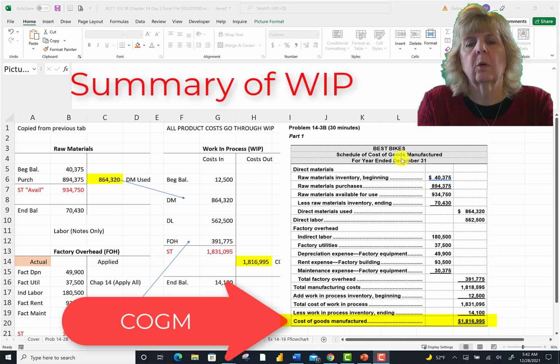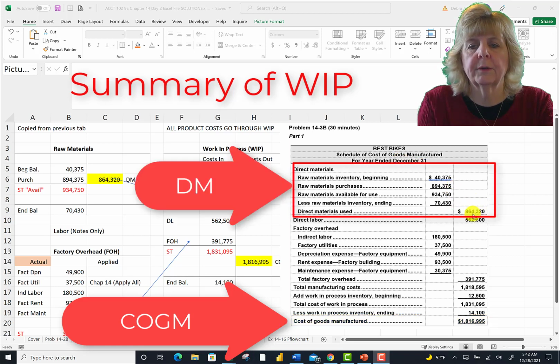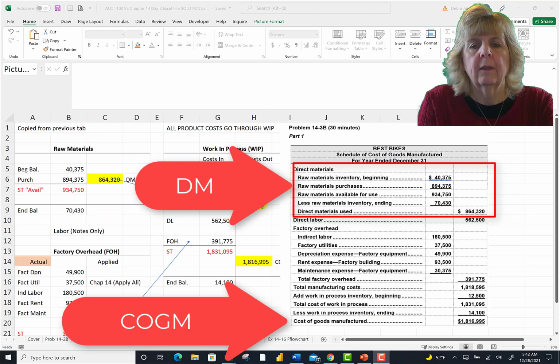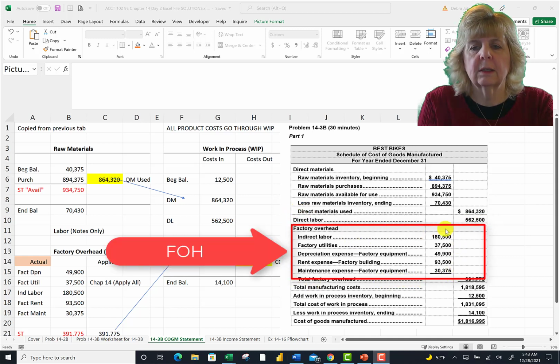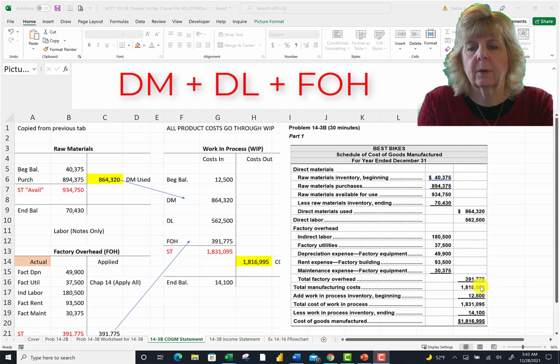So remember what the schedule of cost of goods manufactured shows us. The three components: direct materials, which came from the raw materials account, the direct labor, which was given, and the factory overhead account, which is just an itemization of the different overhead accounts. We summed those up, representing direct materials, direct labor, and factory overhead.